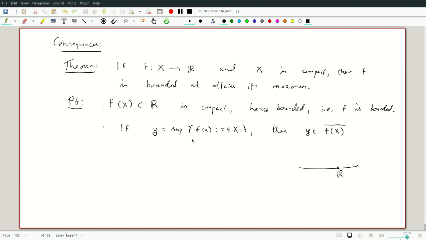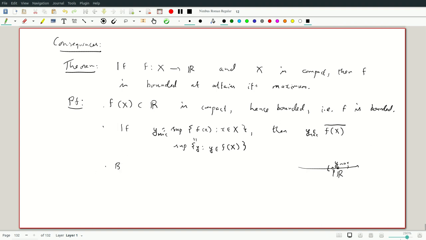So this is also equal to the supremum of y in f of X, in the image set. If I have to call it something else, y max, then I'll say y max. That's because if I have this point y max here, by definition of supremum, there are points arbitrarily close to this. So the supremum is in the closure. We have seen this once before.